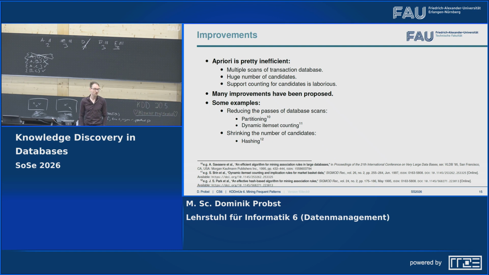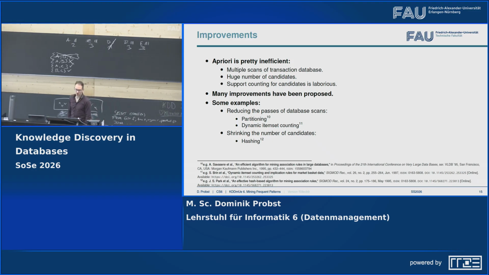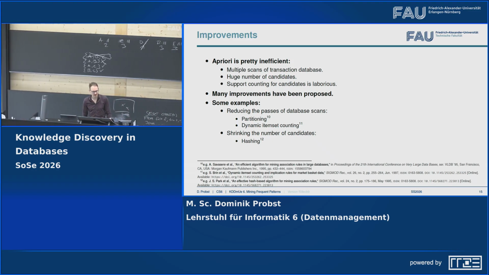Specifically, we have to go over the original database k times, where k is the number of the highest candidate length. Pretty easy. So we have to scan the whole database a lot of times.